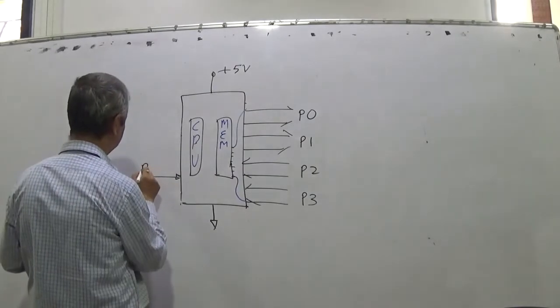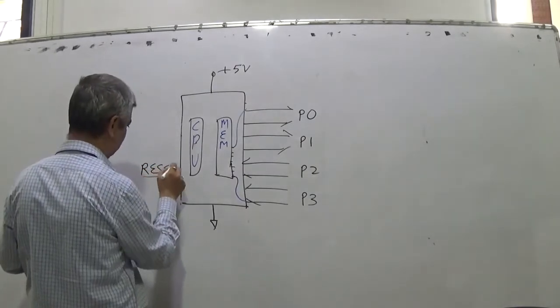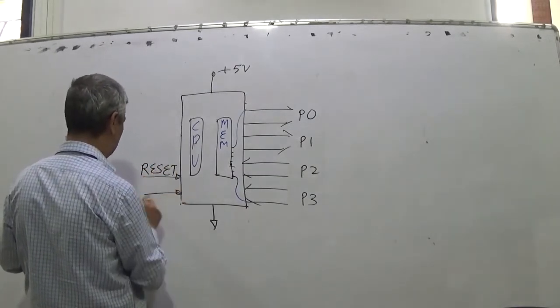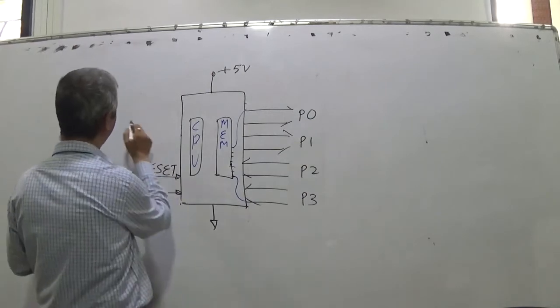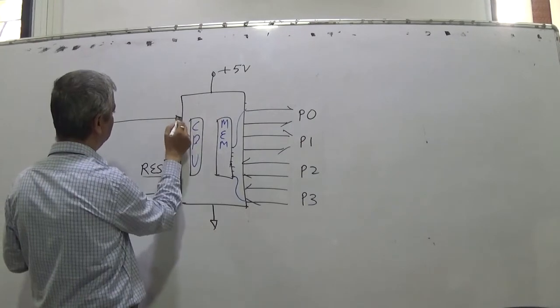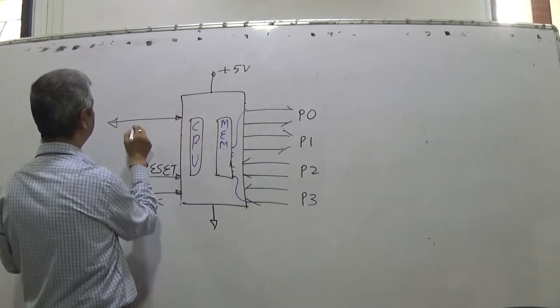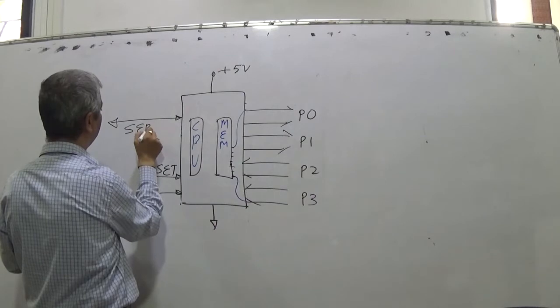The reset is a pin of the microcontroller. Clock is also a pin of the microcontroller, and a bidirectional serial interface.